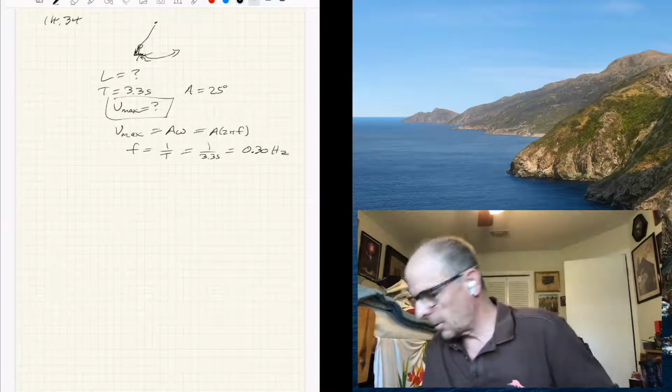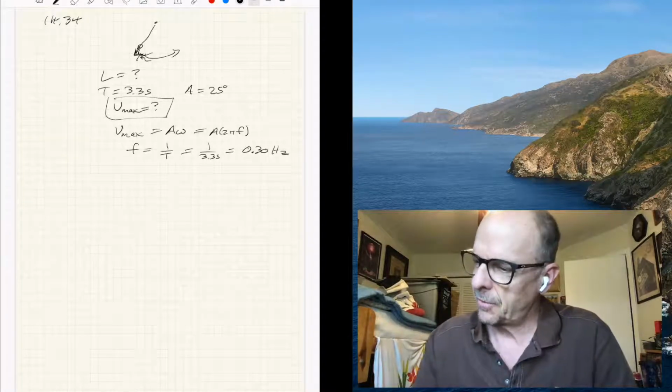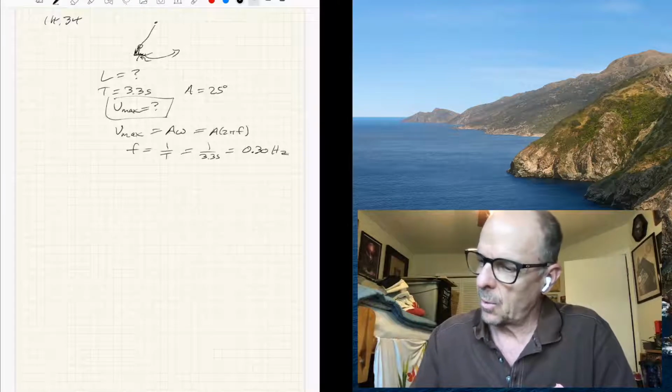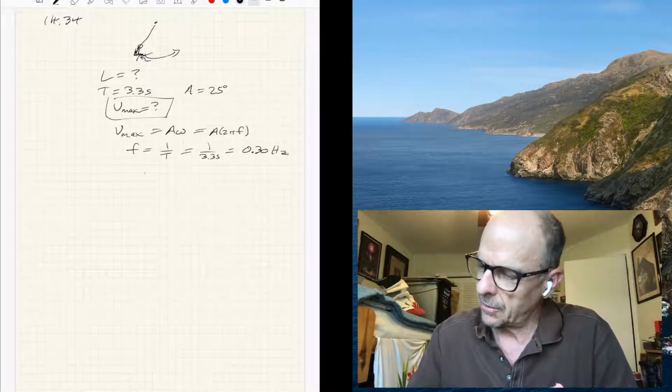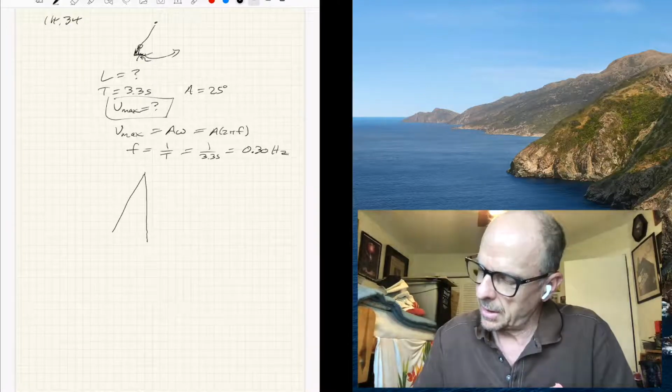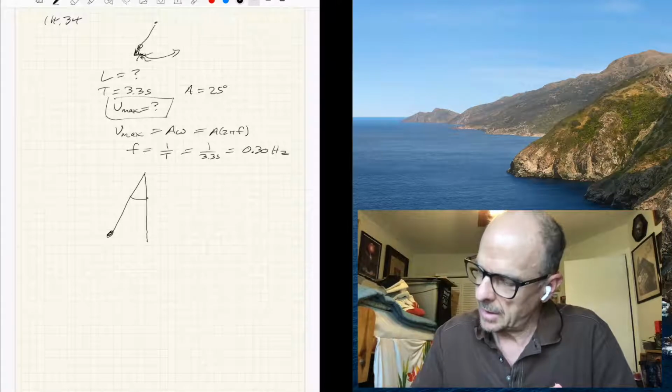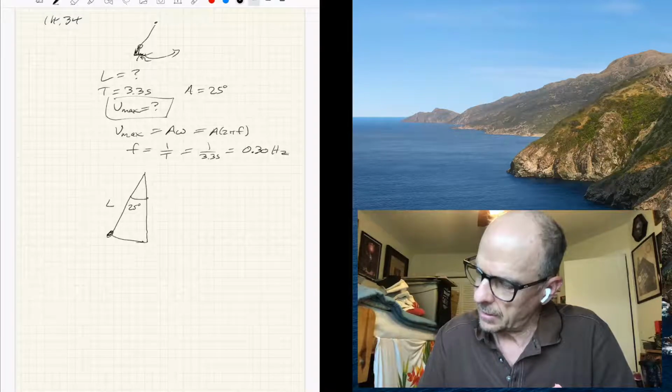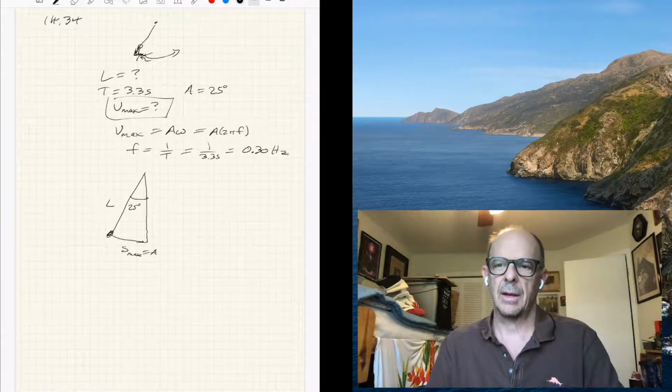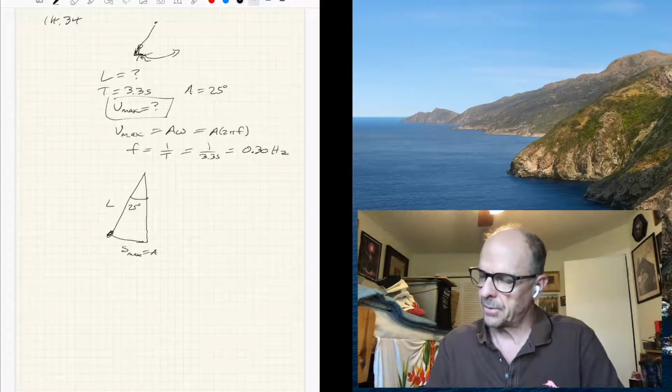So what we're going to do is figure out what that amplitude is in length rather than in angle. So here's our simple pendulum. It's at 25 degrees here. It has some length that we don't know, and we want to get this S max, which is the amplitude, when the swing is at a 25-degree angle.